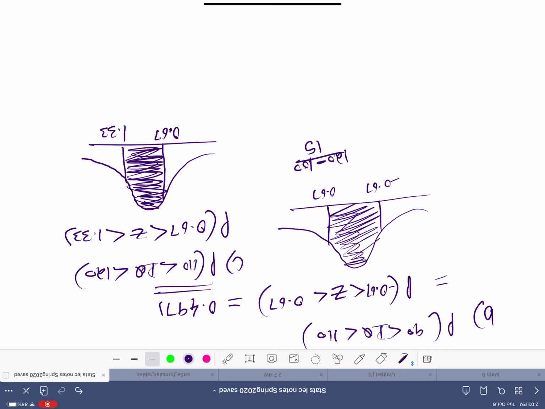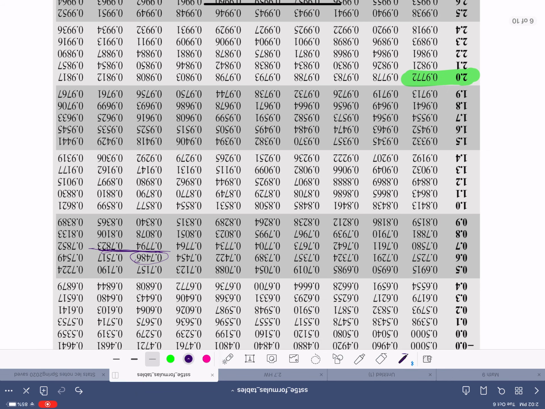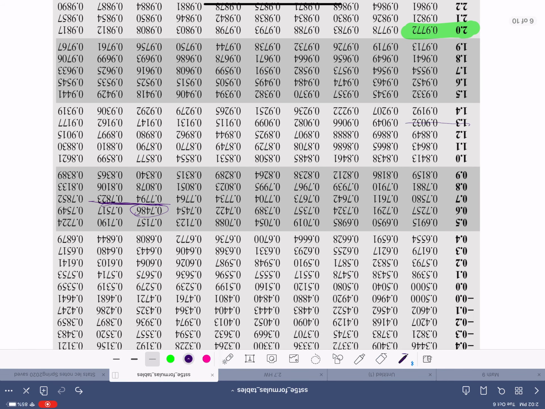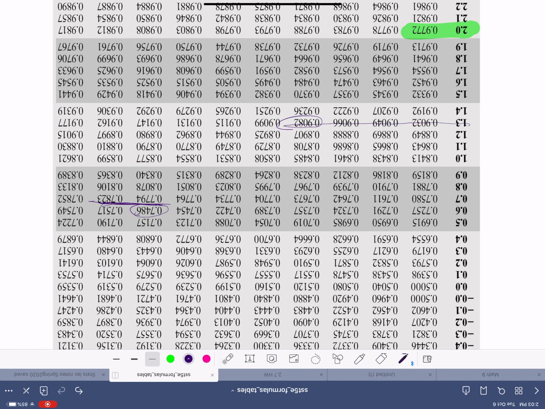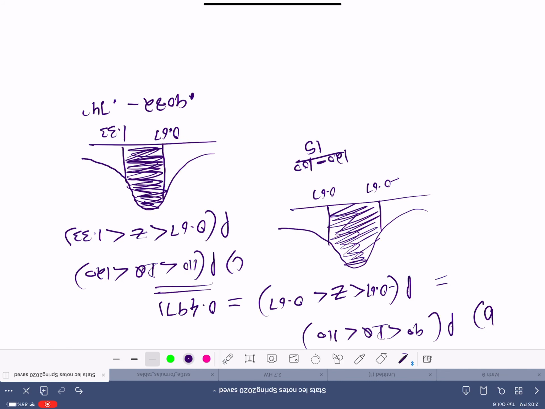That is going to leave me with 0.1596. Let's see what answer I get from the table. The area to the left of 1.33 is 0.9082. The area to the left of 0.67 is 0.7486.